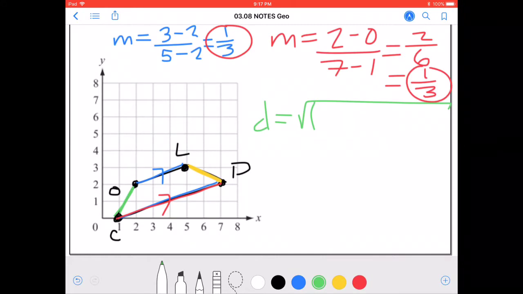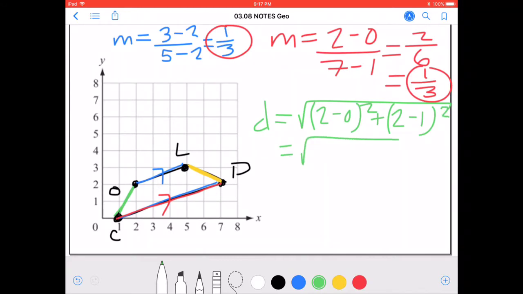So it's still y2 minus y1. So we would do 2 minus 0 as our y values, plus x2 minus x1. So we did 2 as our y2, so we need to do 2 as our x2 minus 1. We would square it.